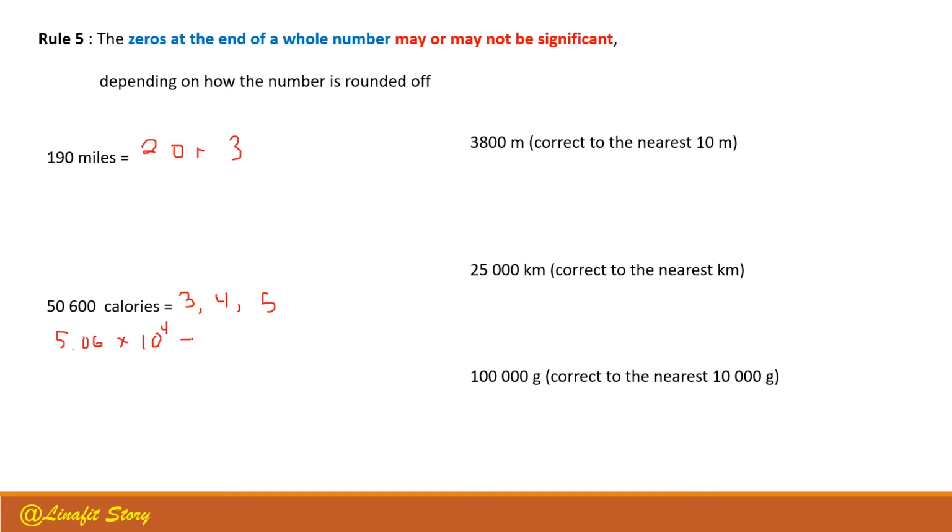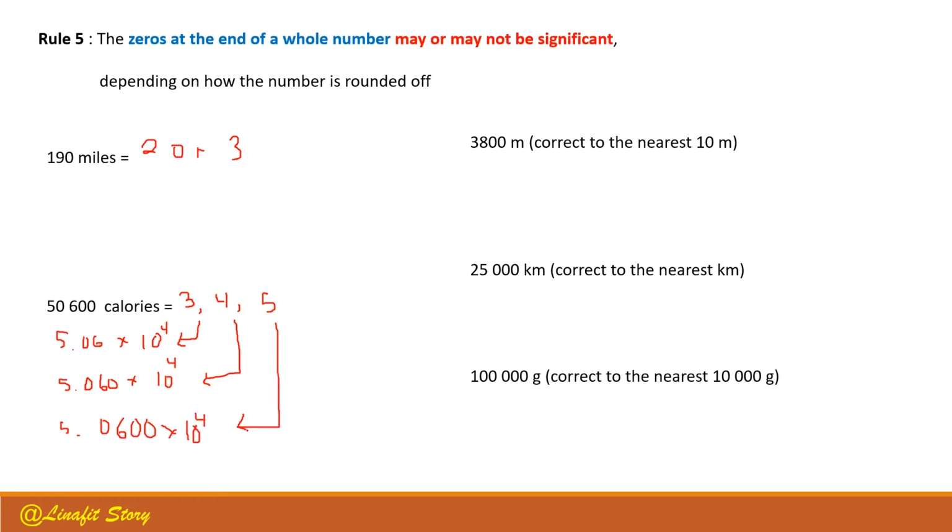This is 3 significant figures. 5.060 times 10 to the power of 4 calories. This is 4 significant figures. Or 5.0600 times 10 to the power of 4 calories. This is 5 significant figures.